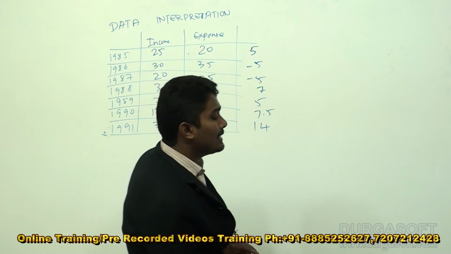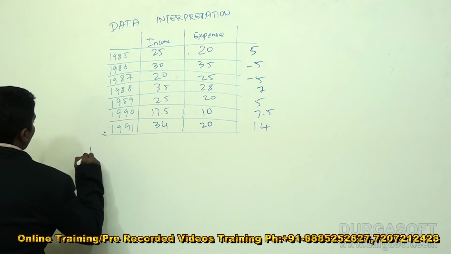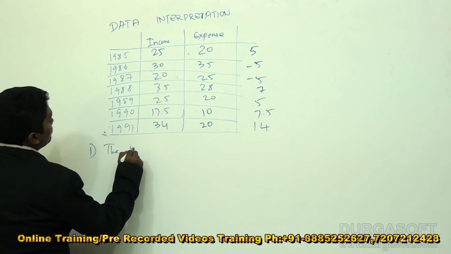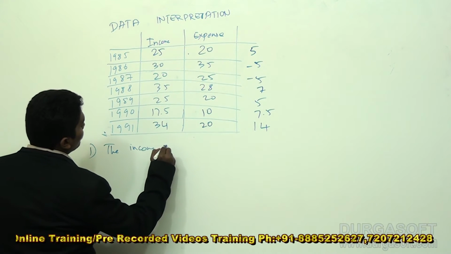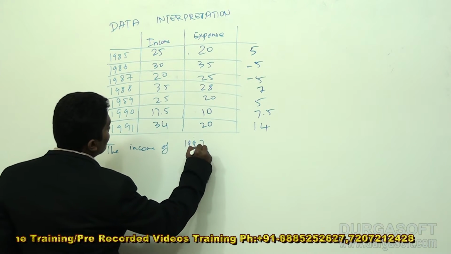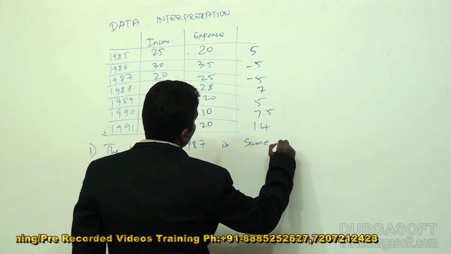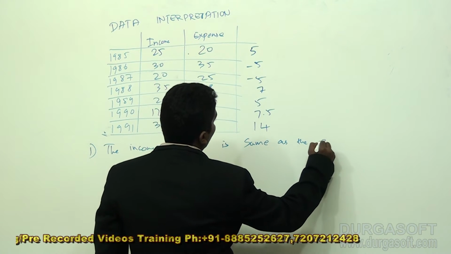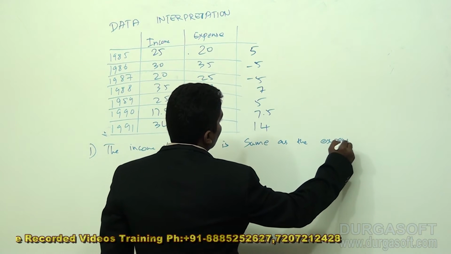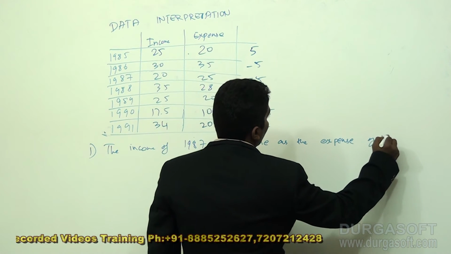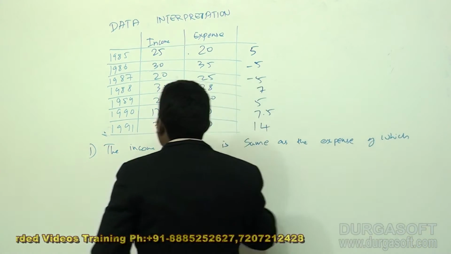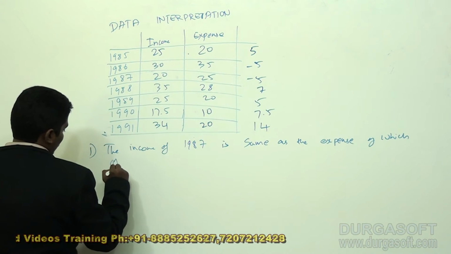So the question here is, the income of 1987 is the same as the expense of which of the following years?